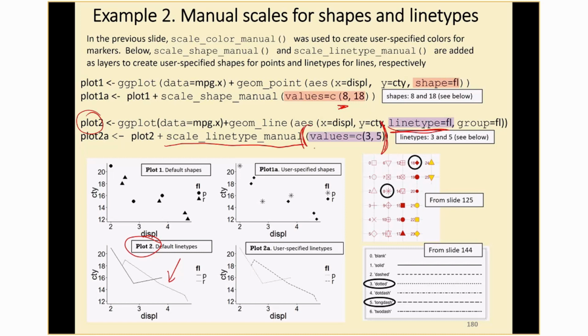And inside that, I say values equal, and then I specify a vector of two numbers. So remember, with line types, there's only 6 different numbers to choose from. I've chosen the number 3 and the number 5. So 3, the premium fuel, gets that. 5, the regular fuel, gets that.